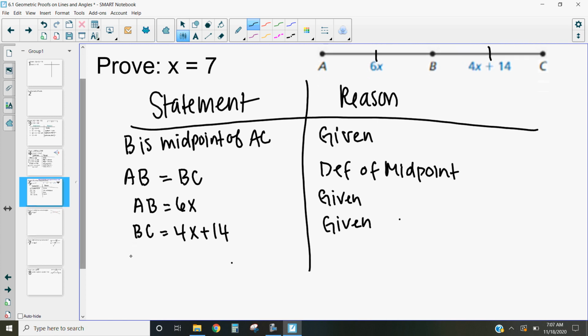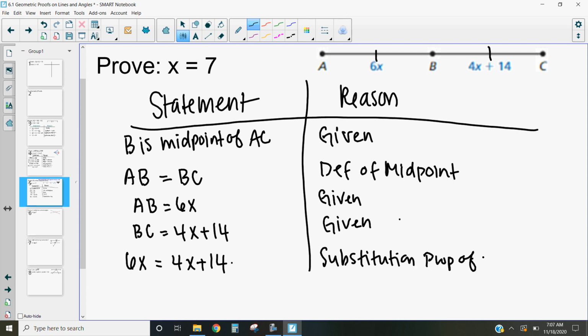So that means that 6x equals 4x plus 14 by the substitution property of equality. And then we can keep going here. I'm going to subtract 4x from both sides, and I get 2x equals 14.